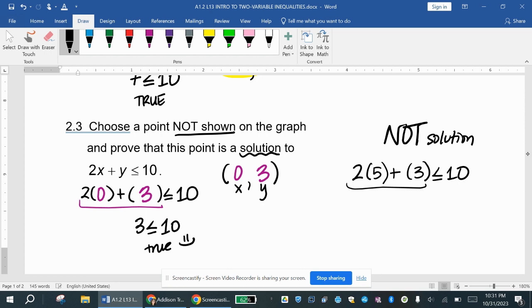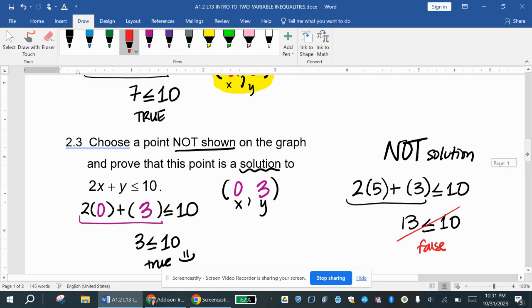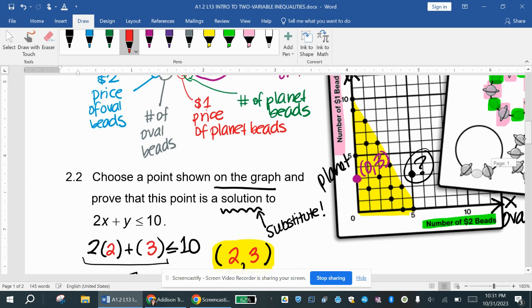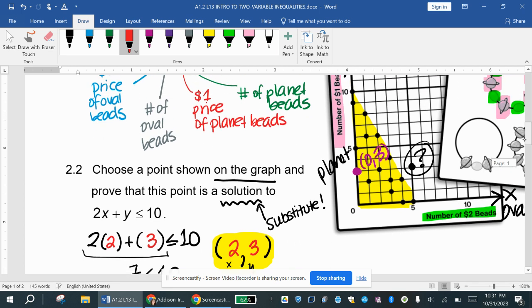You'll see. 2 times 5 is 10, plus 3 is 13. 13 is definitely not less than or equal to 10. That's false, right? So if you picked a point and you substituted it, but it didn't give you a true statement, then you just pick another one. But in general, you had to pick one that followed the area, the pattern that was visible where all the other points were.